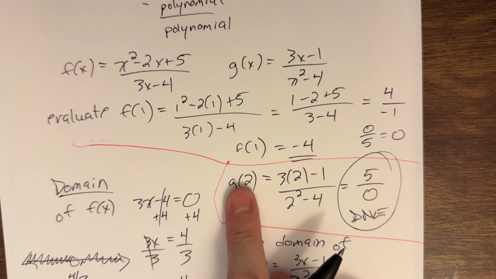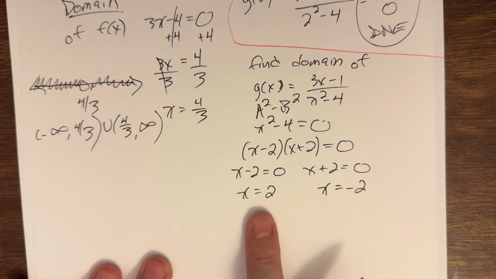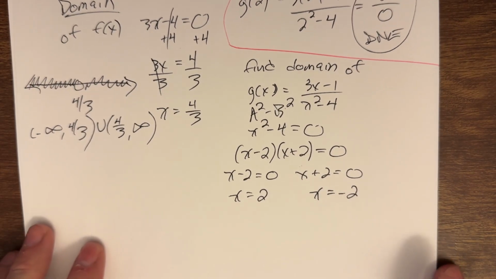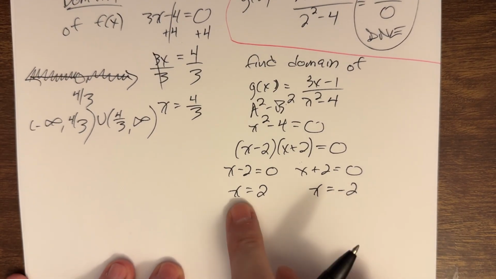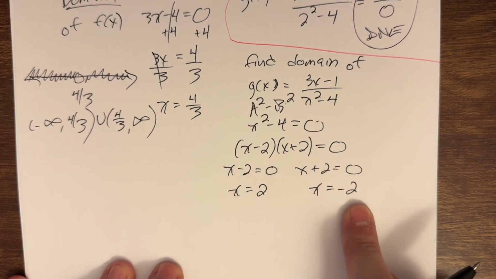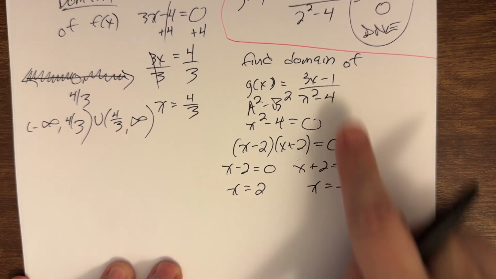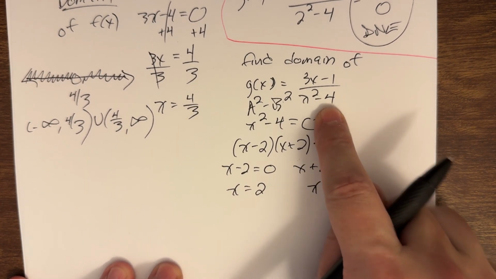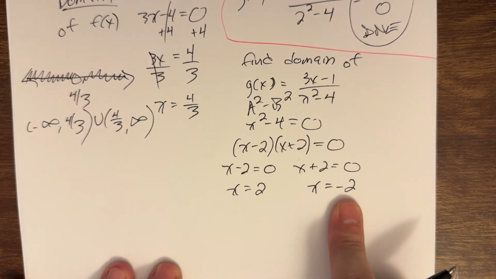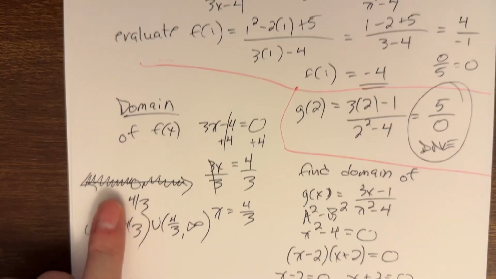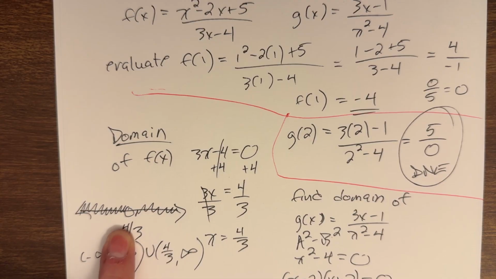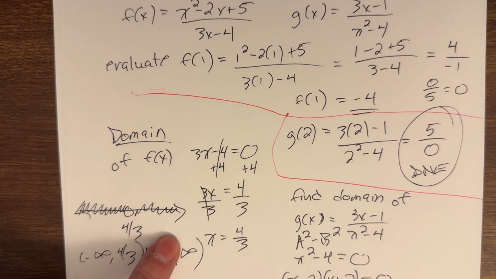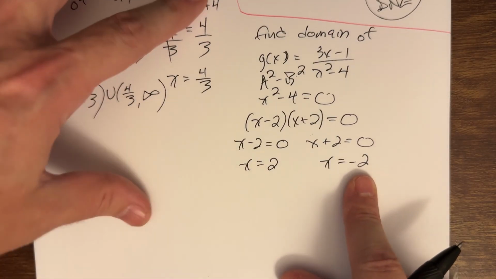I already used 2 and saw I was in trouble, so not too big of a surprise, but starting as a fresh problem, big picture is now I see 2 trouble spots. 2 different values for x that make that denominator 0, so 2 values that need to be thrown out. So just like I did over here, I'll go to my number line, I'll show what I'm throwing out, so I could shade in everything that I still want to keep.